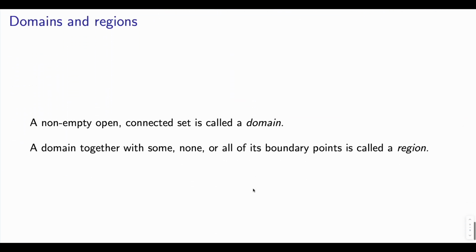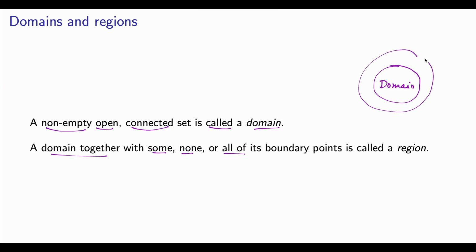Let us talk about domains and regions. A non-empty open connected set is called a domain, right? And a domain together with some, none, or all of its boundary points is called a region. So it means that this is a domain, right?